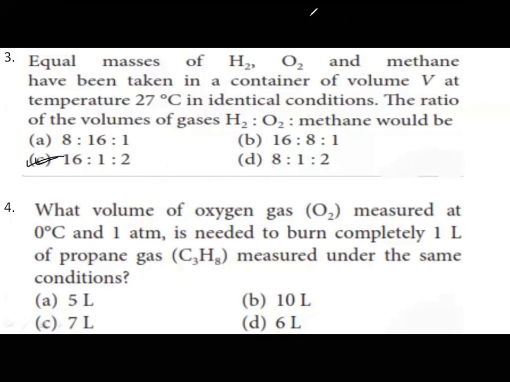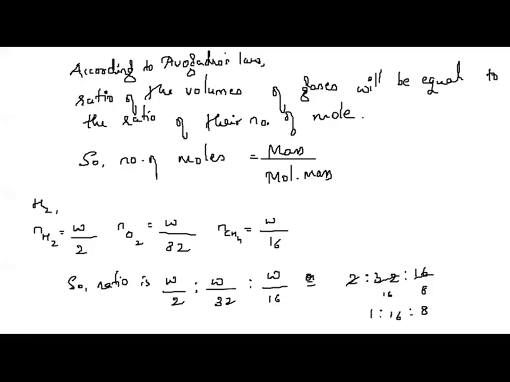Let us see how we can solve it. That means this is a combustion reaction, so propane gas is subjected to combustion.